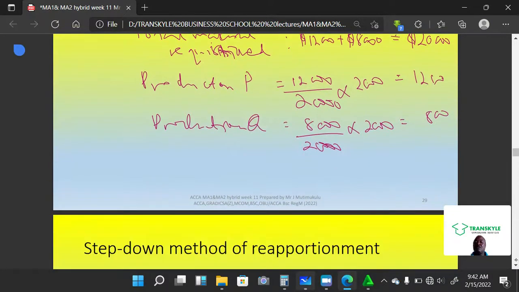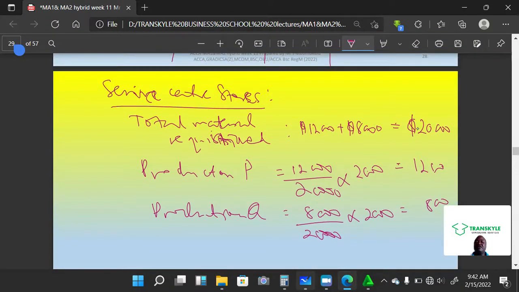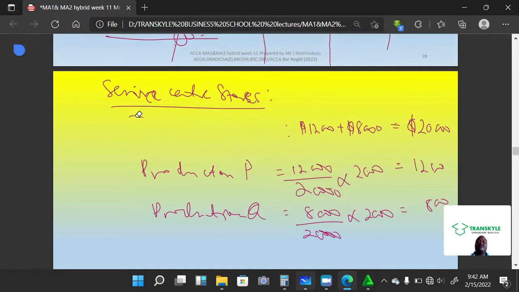For the maintenance, we're not going to use these same figures, because the basis of apportionment is the hours worked. So I'm going to come here and rub this off. Let us rub this off.